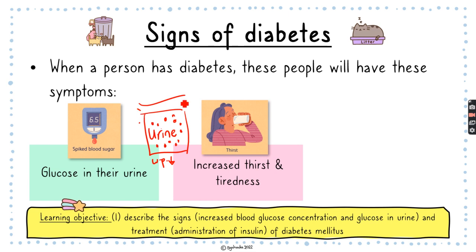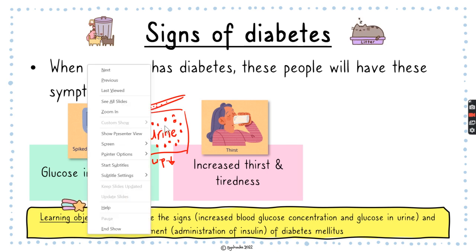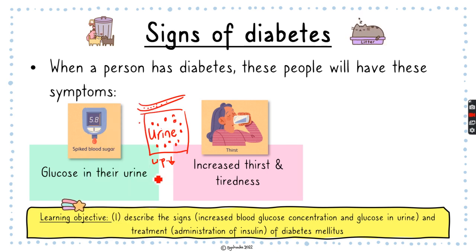So what happens is that in the kidney, during the selective reabsorption, water molecules move because there is lower water potential in your urine compared to the water potential in the blood.